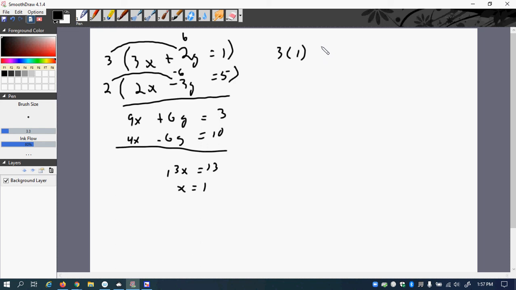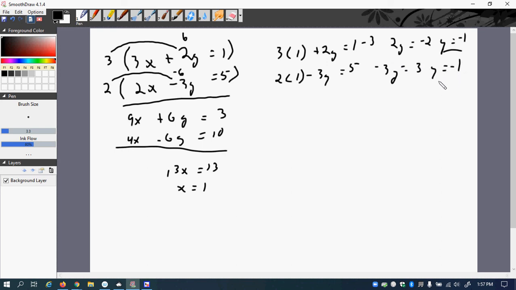So 3 times 1 plus 2y equal to 1, and 2 times 1 minus 3y is equal to 5. So this is 3. Move it to the other side, that's minus 3. So that makes it 2y equal to negative 2, and so y is negative 1. If I do that for this one, that's 2. Subtract it, I get 3, so that's negative 3y equal to 3, and so y is equal to negative 1. So my solution is 1 comma negative 1.